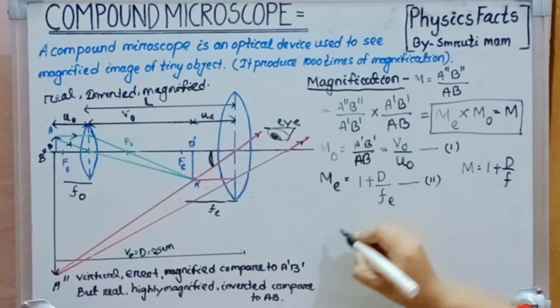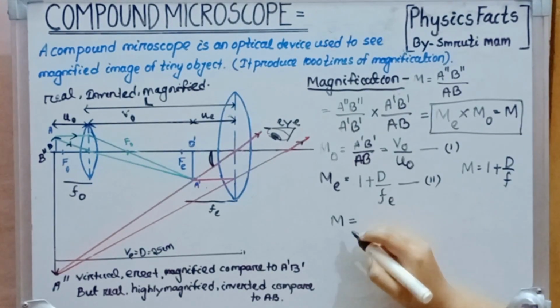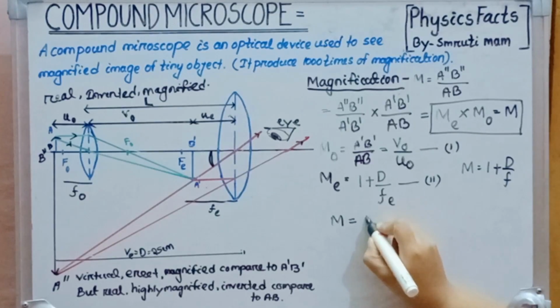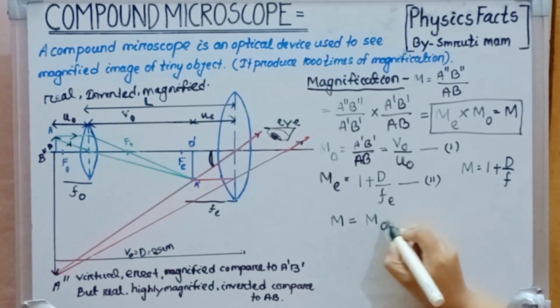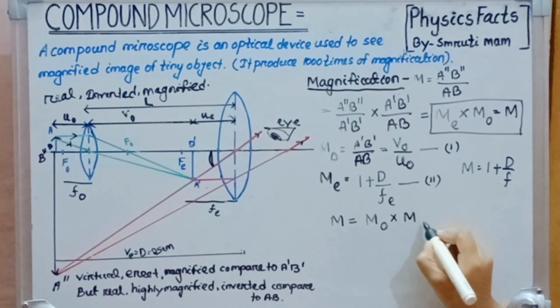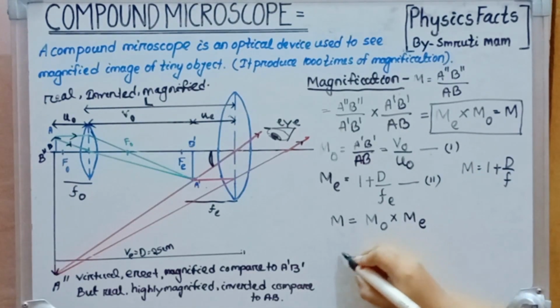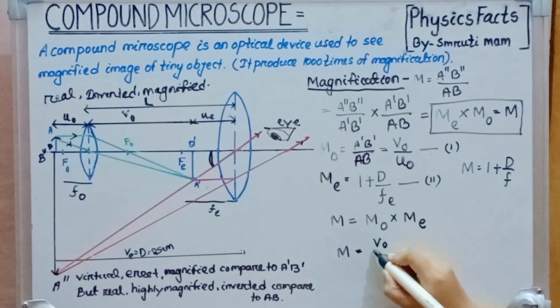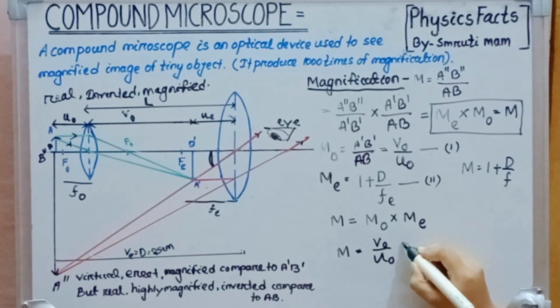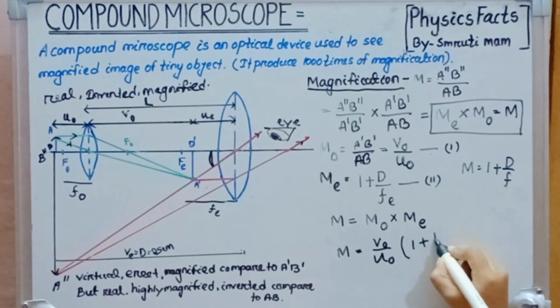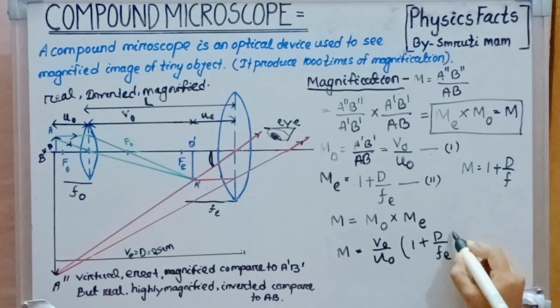Okay. So what is the magnification of compound microscope? The magnification of compound microscope is the magnification of objective lens times magnification of eyepiece lens. So put the value of magnification of objective lens and magnification of eyepiece lens, so that M equals to VO divided by UO into 1 plus D by FE.